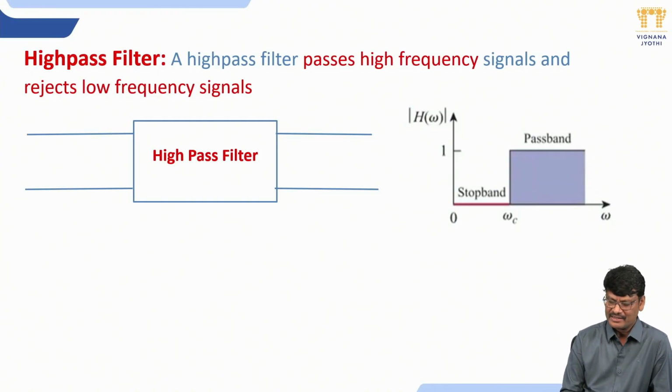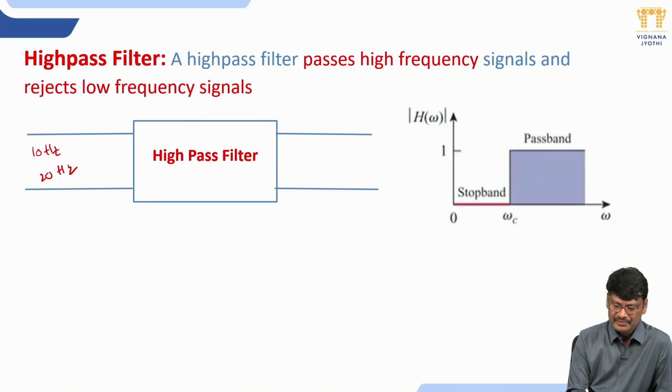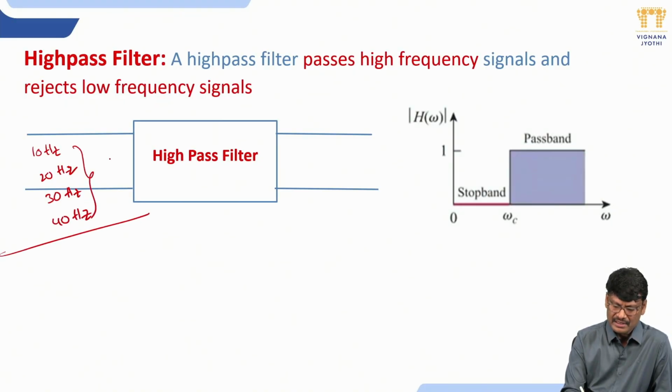Let us see what is happening here with the help of the circuit diagram. On the input side, a number of signals are available: 10 Hz, 20 Hz, 30 Hz and 40 Hz. I will consider these low frequency signals.